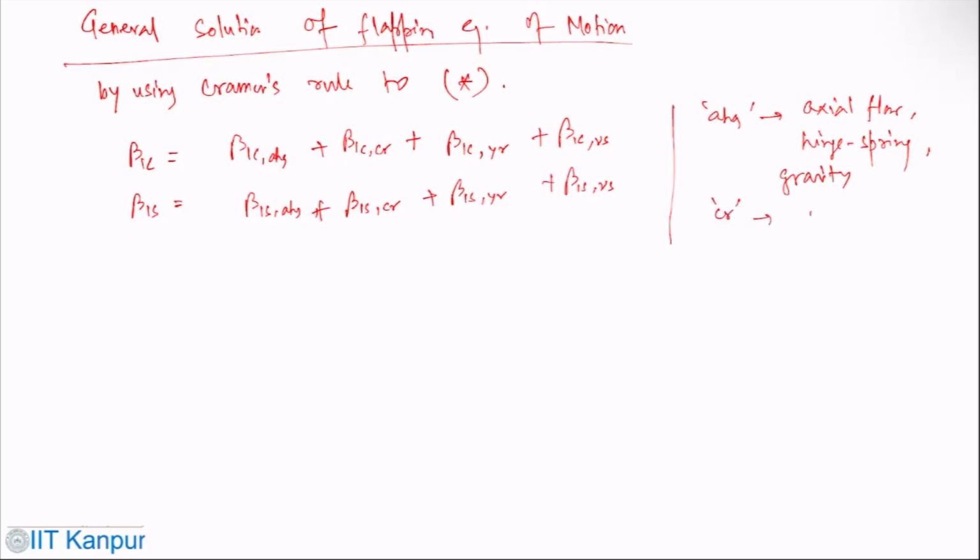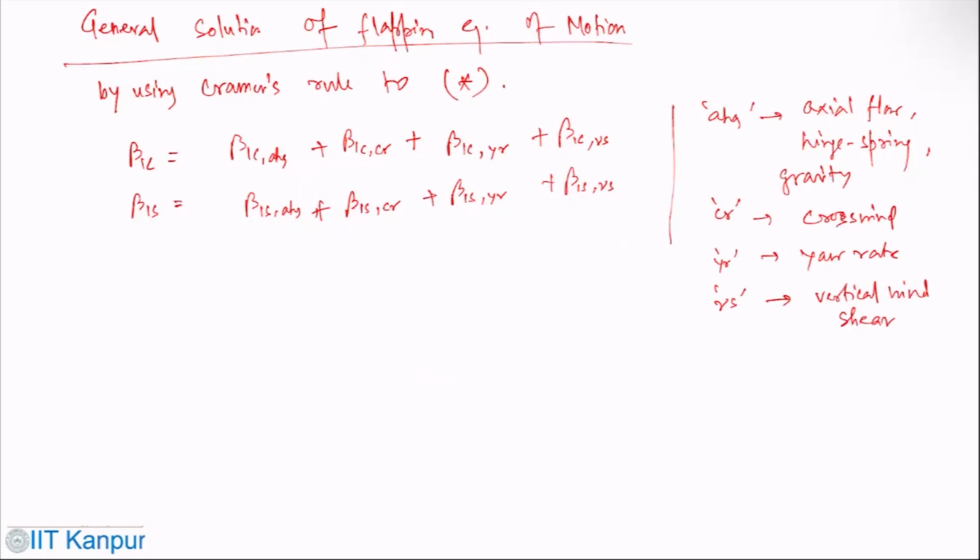Cr for crosswind, yr for yaw rate, nu s for vertical wind shear. Okay.